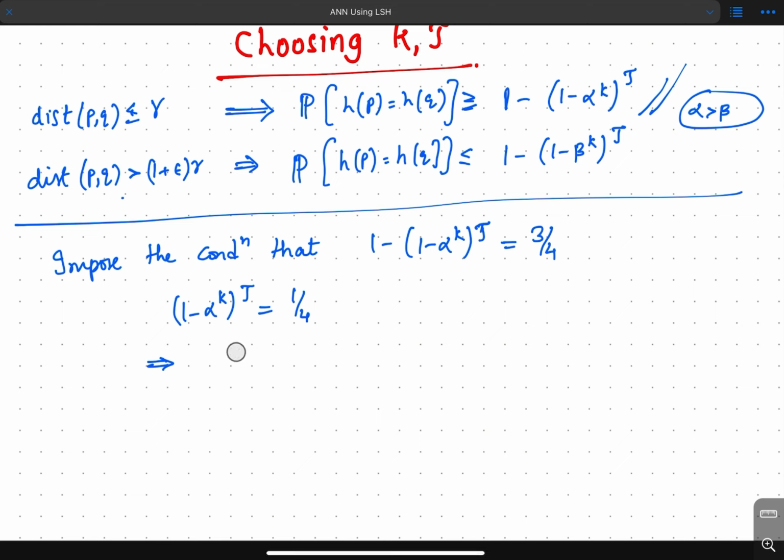And now we use some identity, that (1 minus alpha^k)^tau is less than or equal to exponential of minus alpha^k tau. Alright, so we know this to be 1/4.